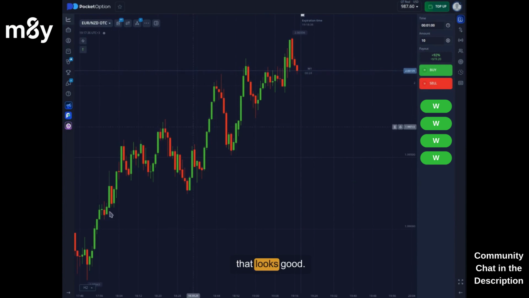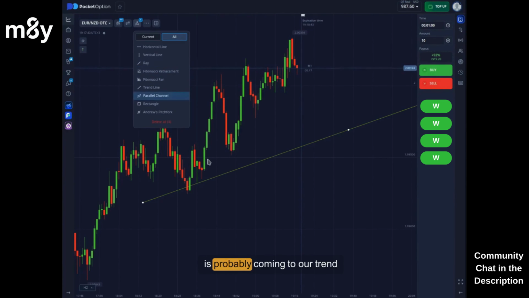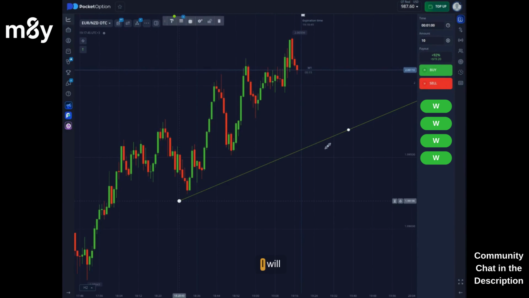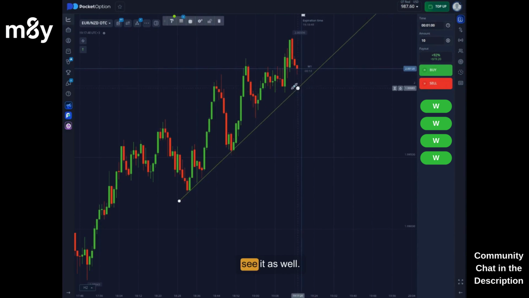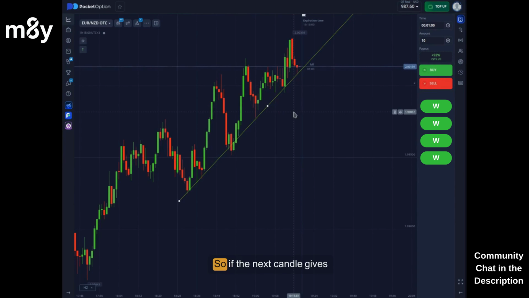Okay, that looks good. We have a bullish trend. We have a trend line that is probably coming to our trend line. I will draw it for you so you can see it as well. Like that, maybe a little bit more. Okay, like that. So if the next candle gives us a green candle, I will open up buy trades with one trade probably.